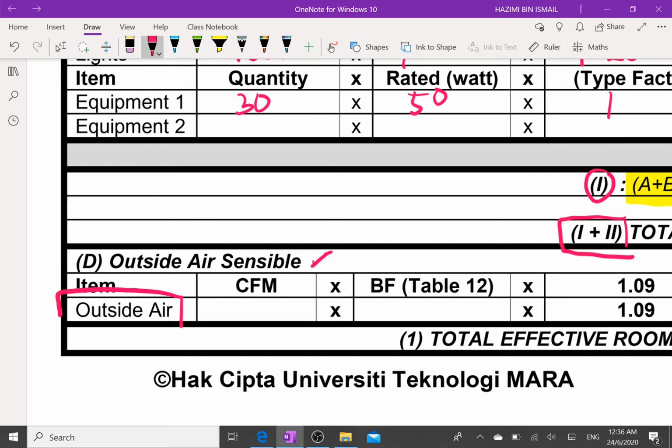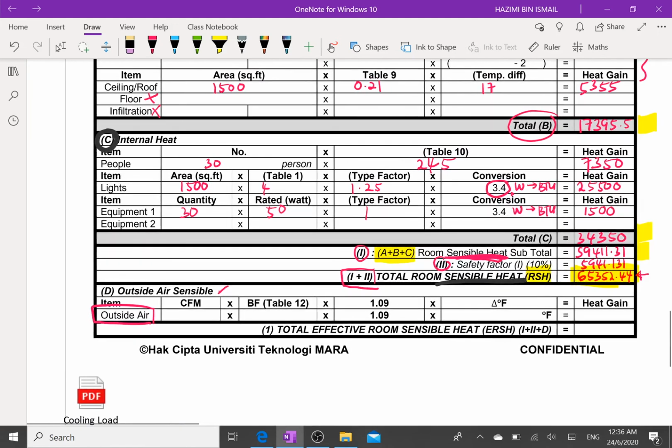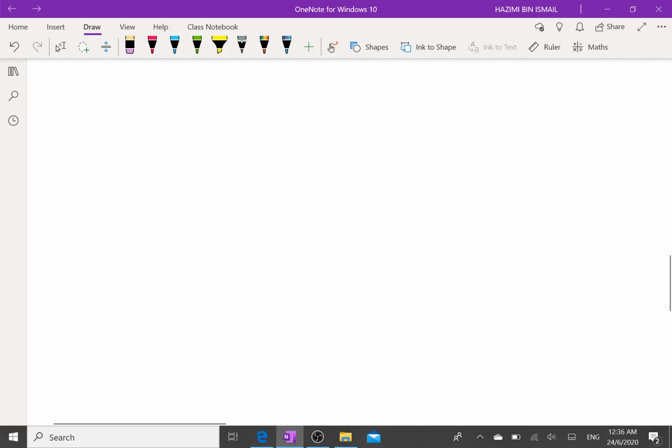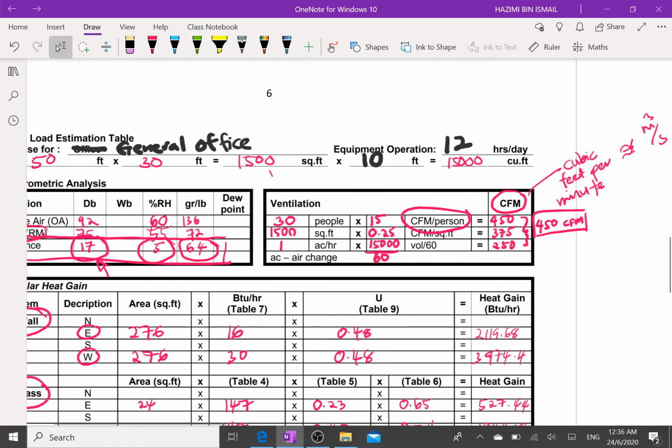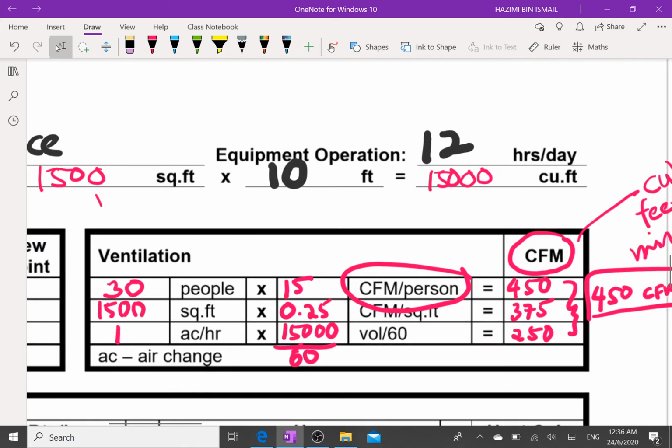Okay, outside air. CFM stands for cubic feet per minute. This one we have calculated at the early part of our video, the ventilation. You consider 3 factors before: people, square feet, and air change per hour.